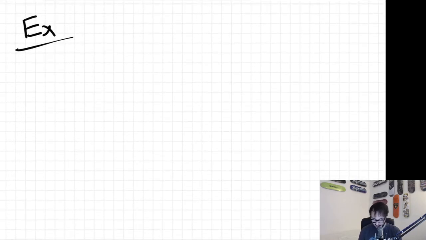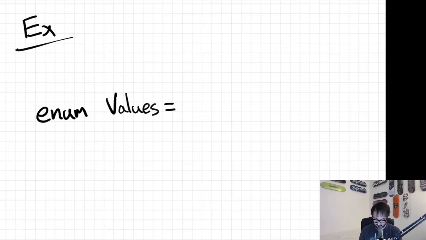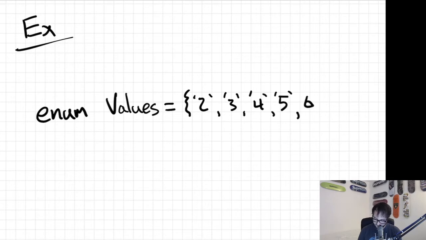So we could say enum values equals 2, 3, 4, 5, 6, 7.